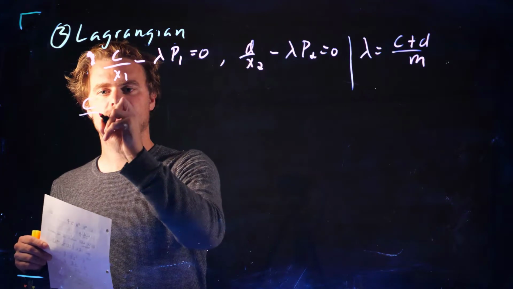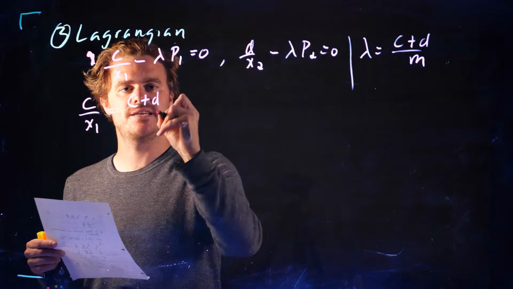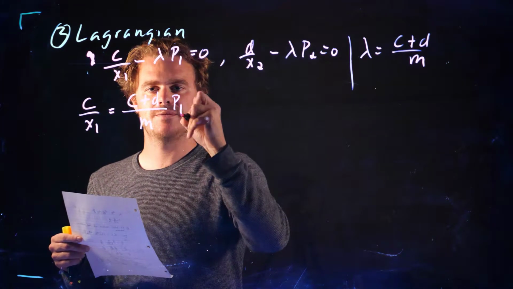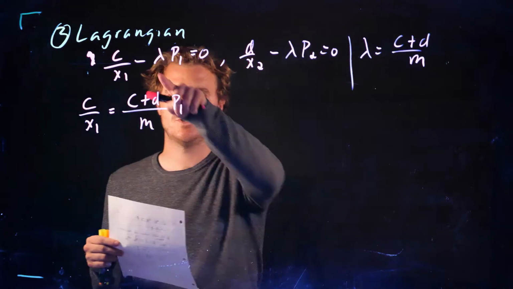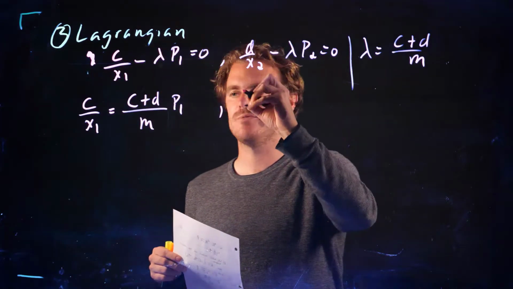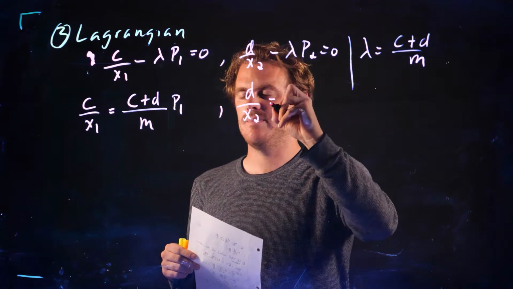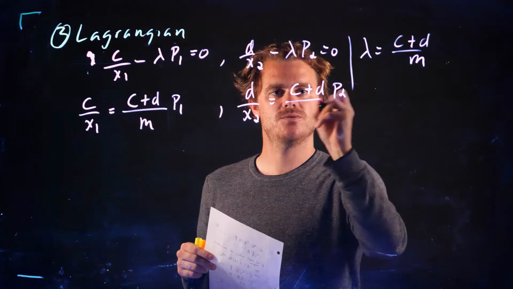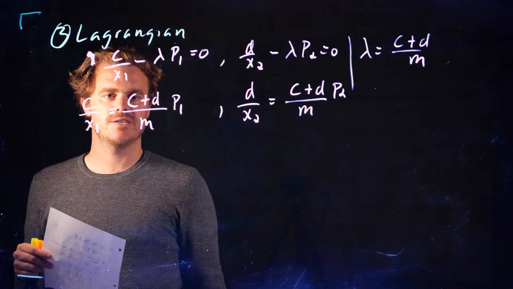So c over x1 equals c plus d over m times p1. Just plugging this into here and moving it over. In the same respect, d over x2 equals c plus d times p2 over m. And we could just rearrange these.